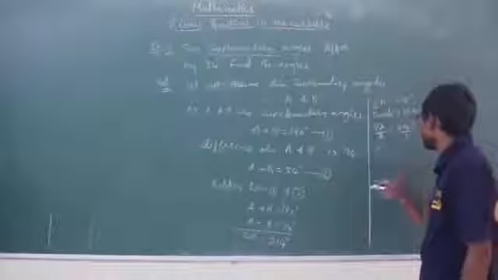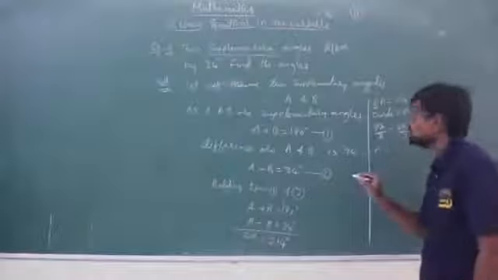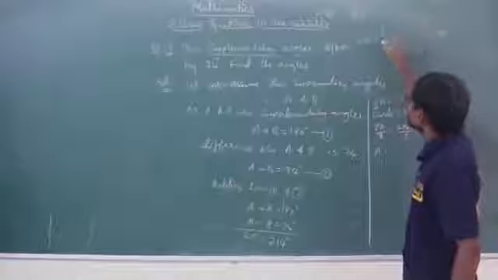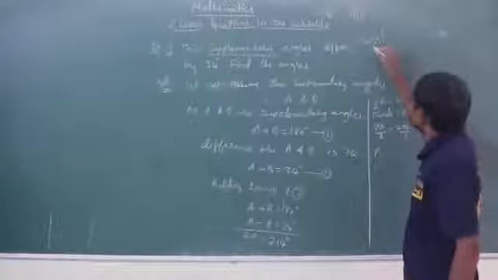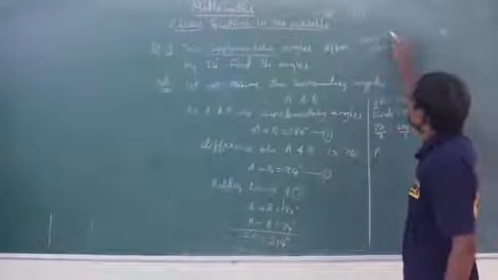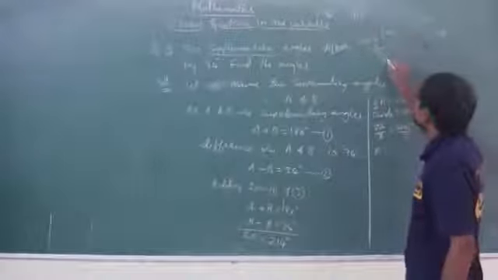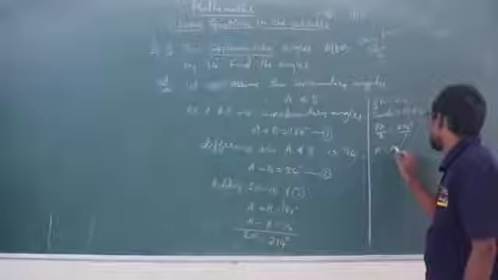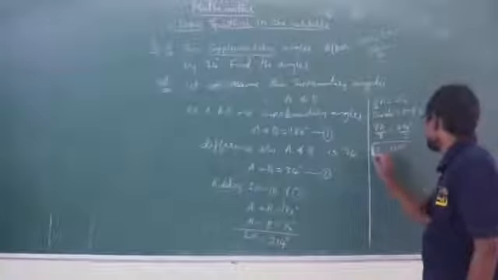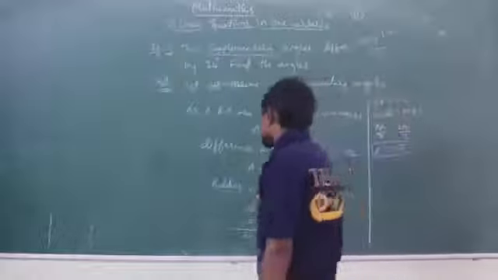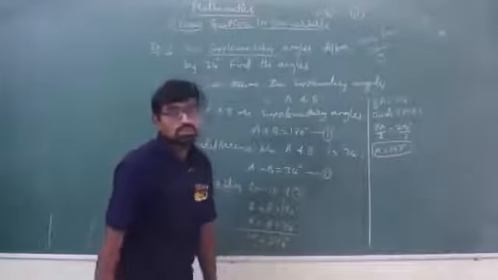Therefore A is equal to 214 divided by 2. 2 ones are 2, so here I directly write 14. 2 sevens are 14. So here I will get 107 degrees. So I have got the value of A as 107 degrees.